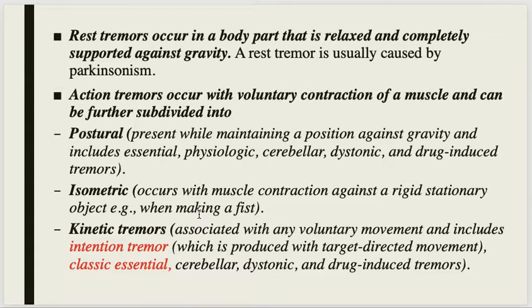They have the tremors when they are trying to do some movement. For example, if you are about to write, or about to hold a glass, and when the tremors come, it is called essential tremors.